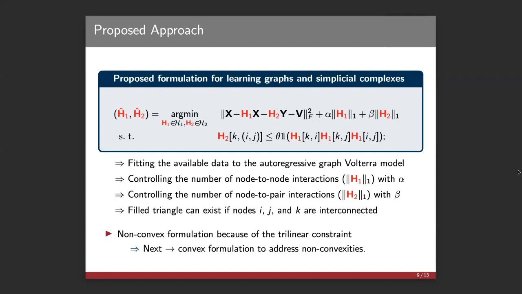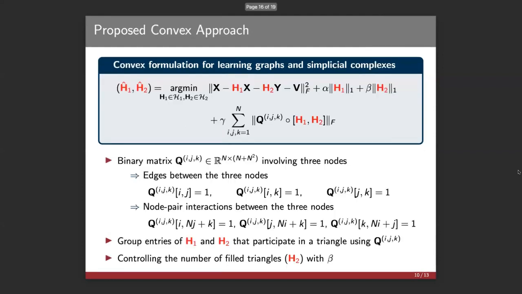As you can see, this formulation is not convex, so we propose a convex formulation to deal with that non-convexity. In this formulation, the first three terms are the same as previously, and what we change is the constraint, using a penalty term where we impose group sparsity.